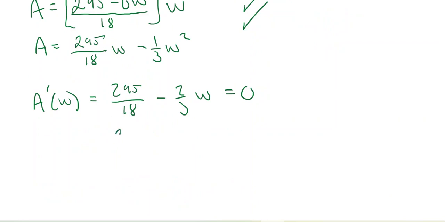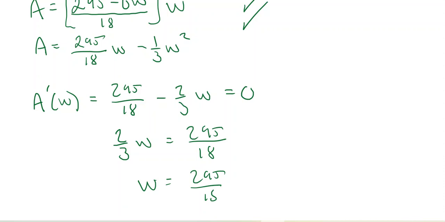So we will have 2/3 W is equal to 295 over 18, or W is equal to 295 over 18 times the reciprocal of 2/3, which would be 3/2. Well, 3 cancels with the 18. 3 goes into 18 6 times.